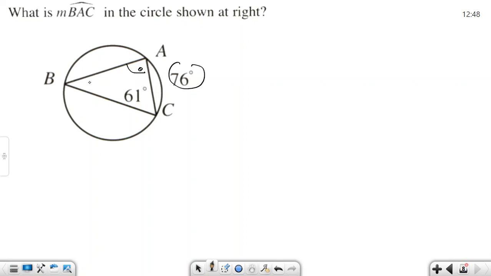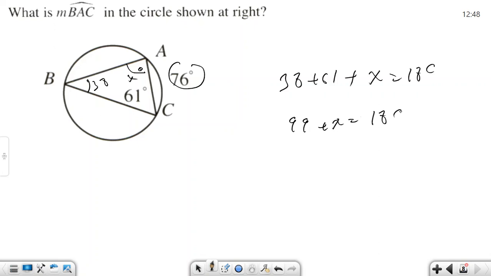If this is 76, this is half of 76, 38. So 38 plus 61 plus, let's say this is x, we don't know, x equal 180. 99 plus x equal 180. X equal 81 degrees. That's the end of this video.